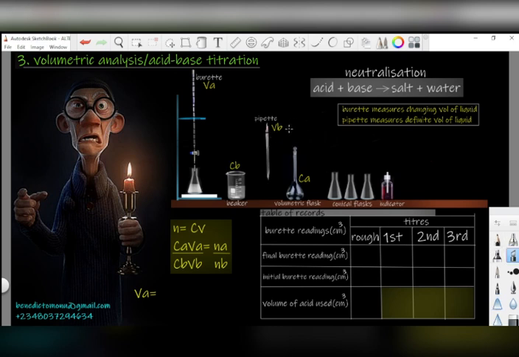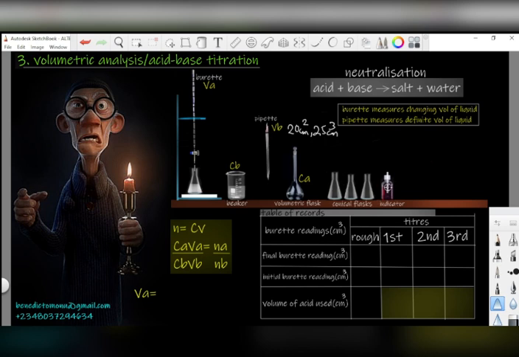In the laboratory, common volumes of the base, or the capacity of the burette, are usually 20 or 25 cm3, the most common burettes that are used. So you now take that definite volume of base you've collected and pour it in a conical flask.